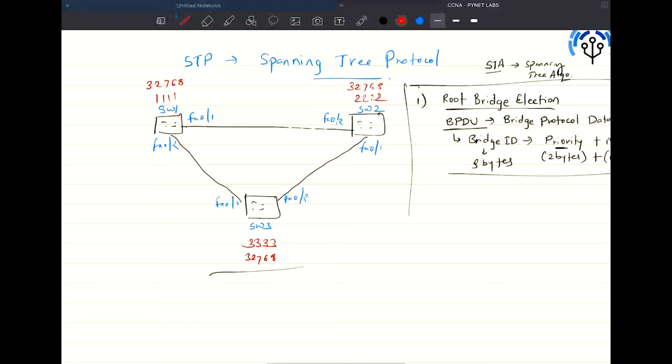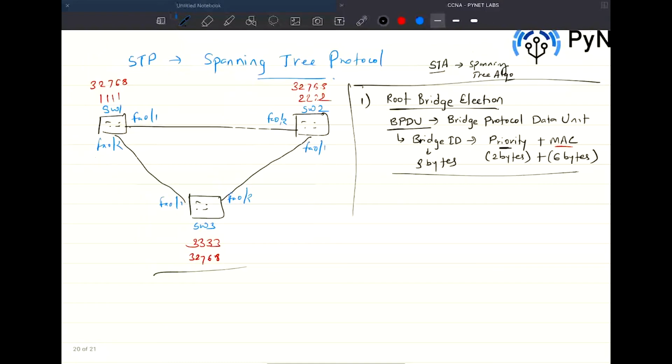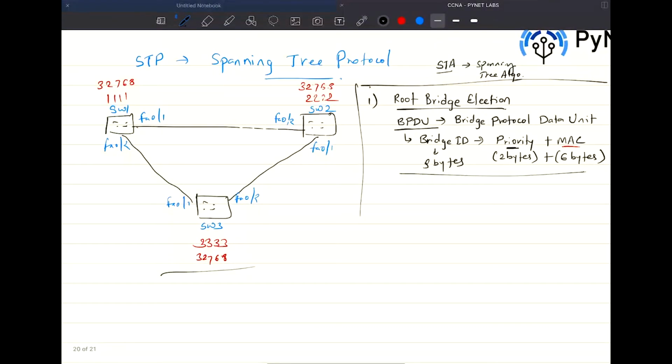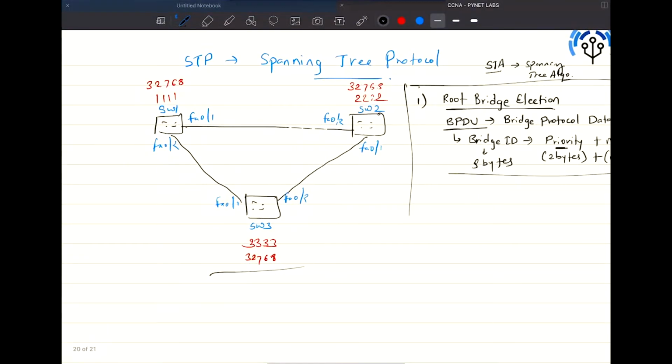So that's why the next tiebreaker will be MAC address, meaning whosoever has the lowest MAC address will become the root bridge. And who has the lowest MAC address in our topology? Does switch 1 have it, switch 2, or switch 3? Correct.